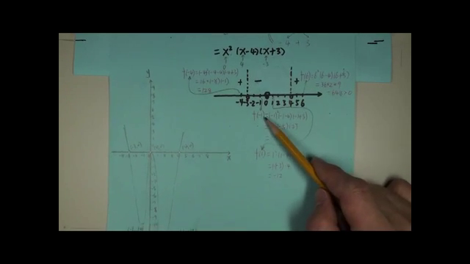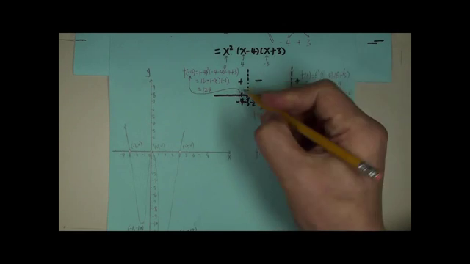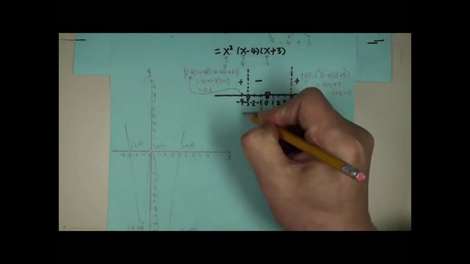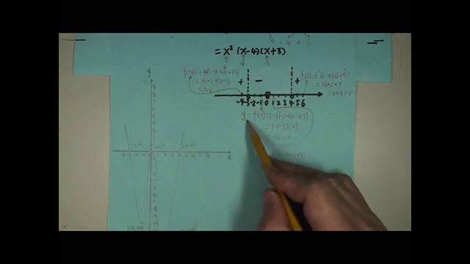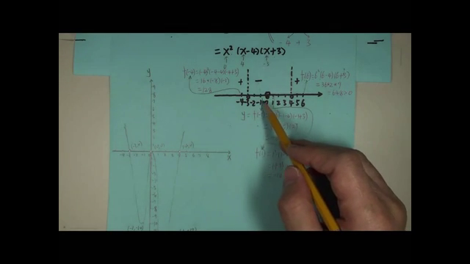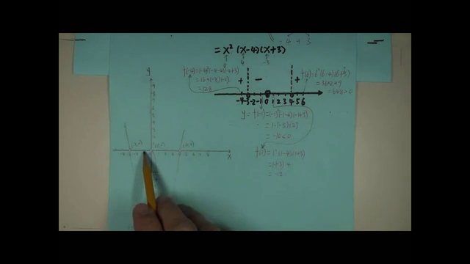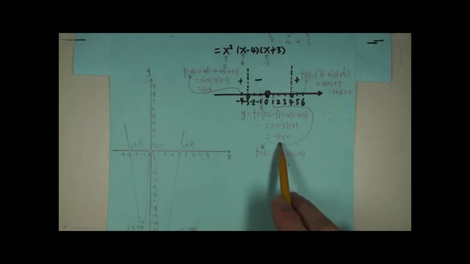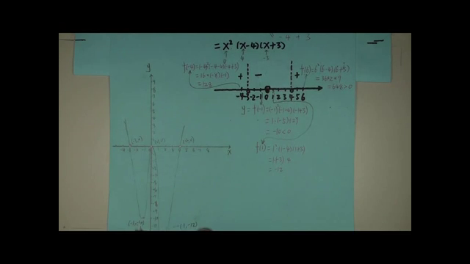Now, f of -1 is -10. So if you plug in -1 for x, you have y is -10. So put it right here, -1, -10.